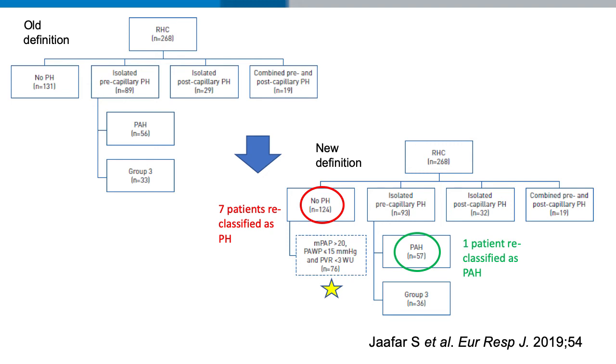There were 7 patients who were reclassified as having pulmonary hypertension, but only one of those patients had pulmonary arterial hypertension. So that's 1 patient out of 268, which is not a lot. There are a lot of patients, however, in this kind of in-between group that had a mean pulmonary pressure greater than 20, that had a wedge less than 15, and a PVR that was in the 2 to 3 range.